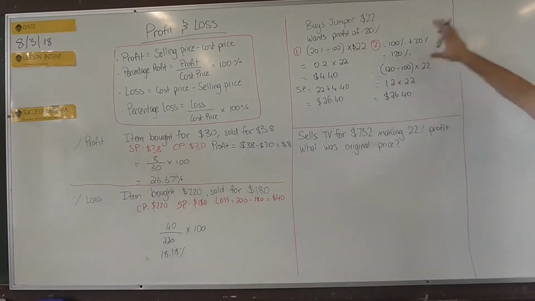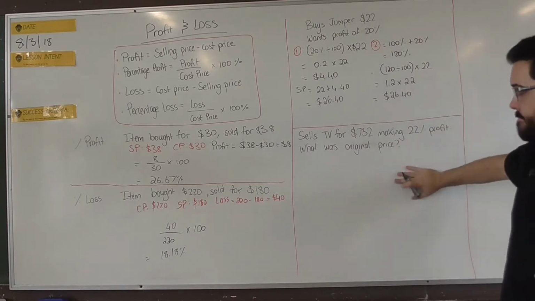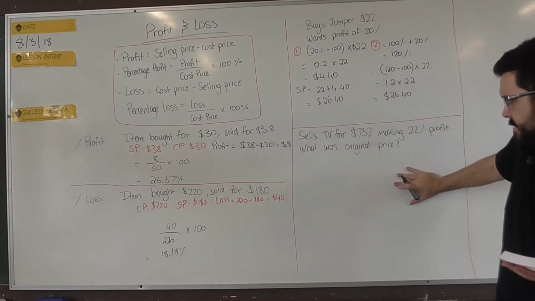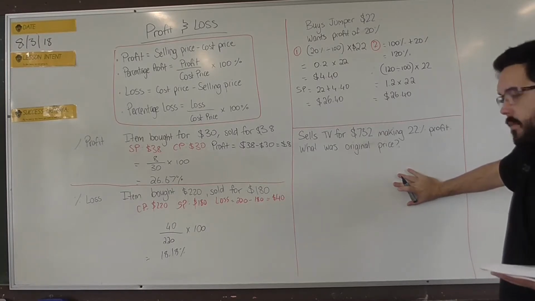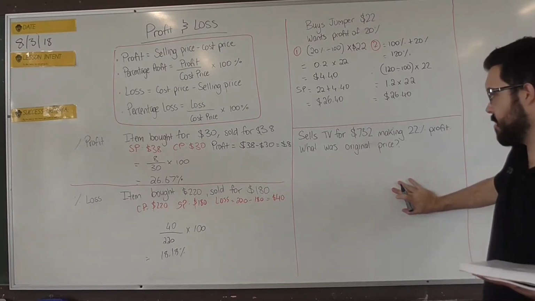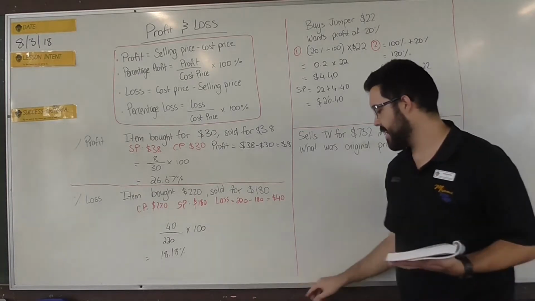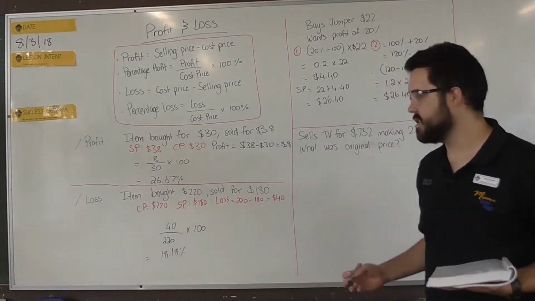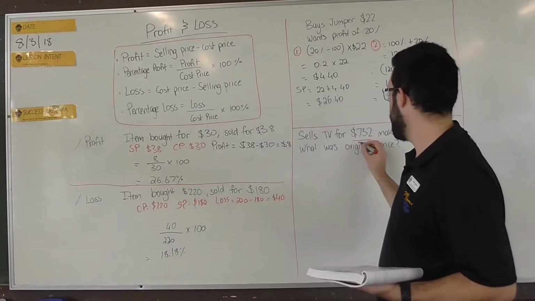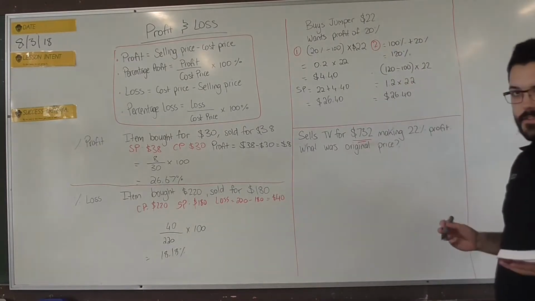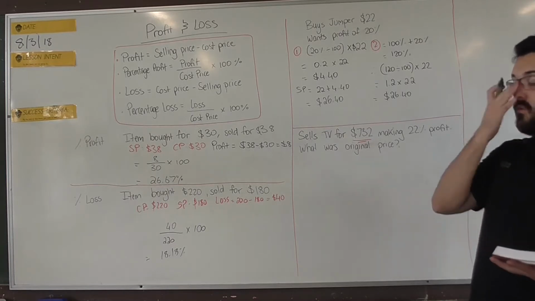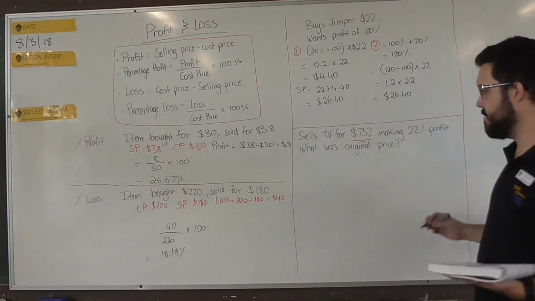Now, keeping this particular method in mind, let's look down here. A TV sells for $732, making 22% profit. What was the original price? So we need to work out what percentage actually represents this $732. We know it's made a 22% profit off whatever we originally paid for it.